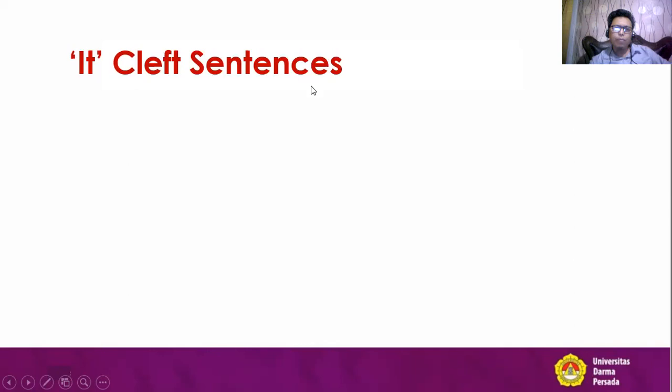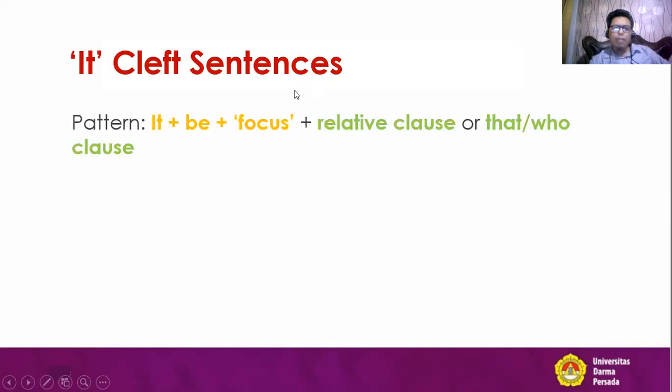Let's look at the pattern. The pattern of the it cleft sentence is, again, we start with it, and after that we have be. Be means is, and then was. It is, it was.